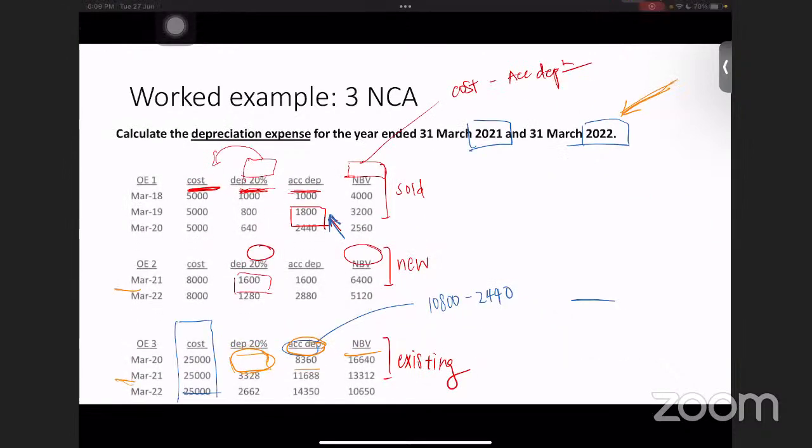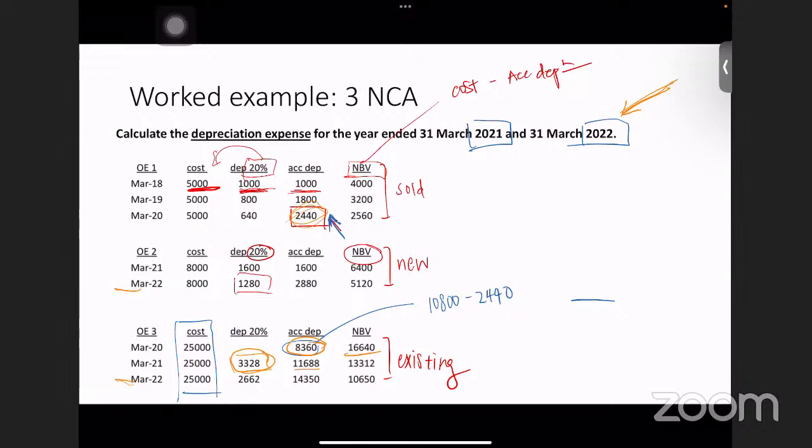So you have to ensure that your figure, this one, is correct, and your years are also correct. Because if your years are wrong, then the numbers will jump already. So basically this is how you do it, for like 3 things happening at once.